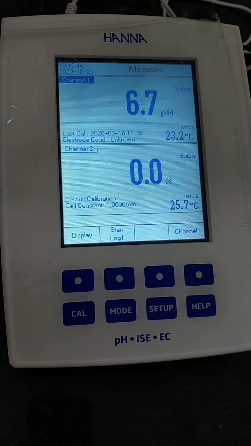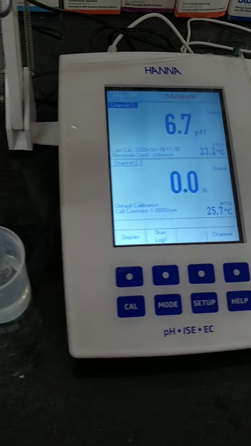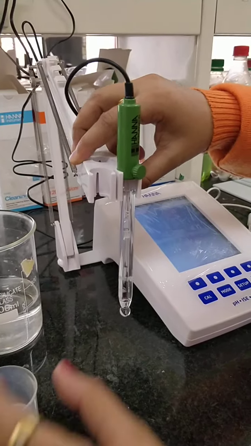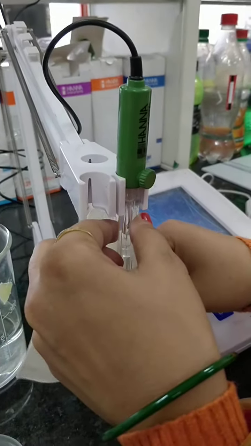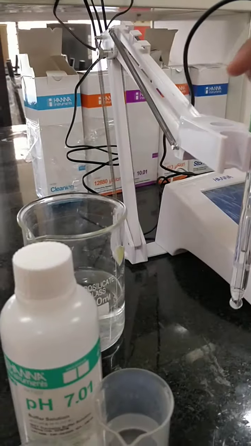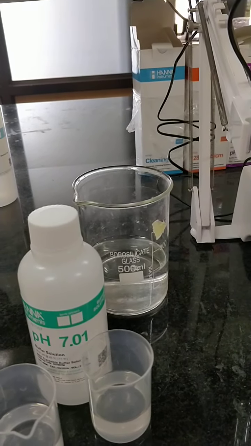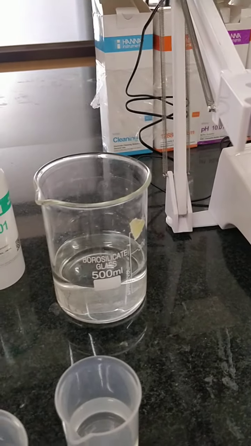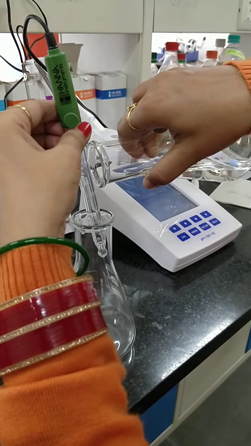Now after calibration we have to use the sample whose pH is to be measured. Now take the electrode out of the standard solution, wipe it with distilled water.